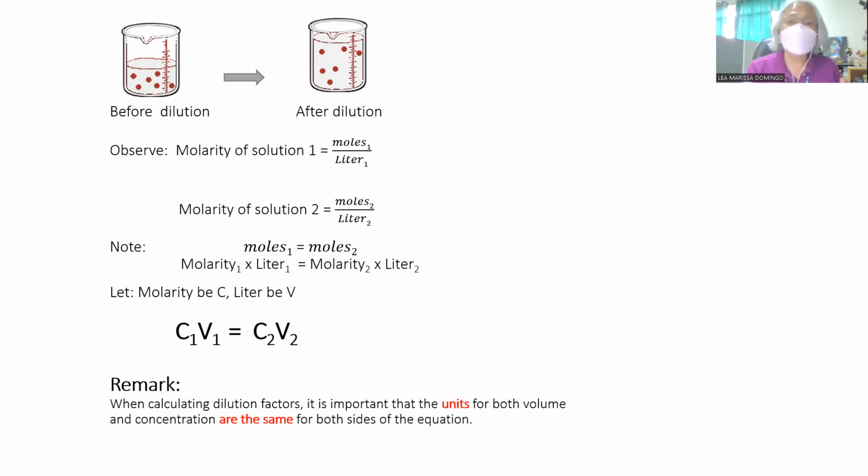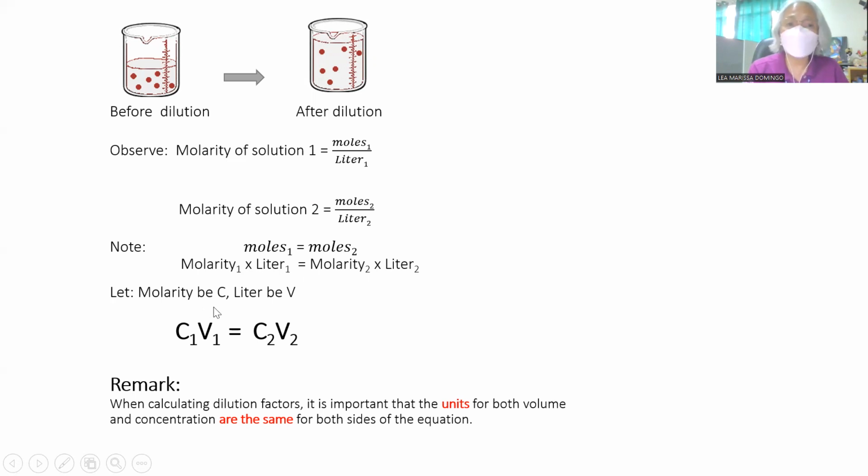As I mentioned earlier, the number of moles of the solute remains the same, such that the number of moles of the first solution is equal to the number of moles of the second solution, such that molarity times volume in liters of the first solution is equal to the molarity of the second solution times the volume in liters of the second solution.